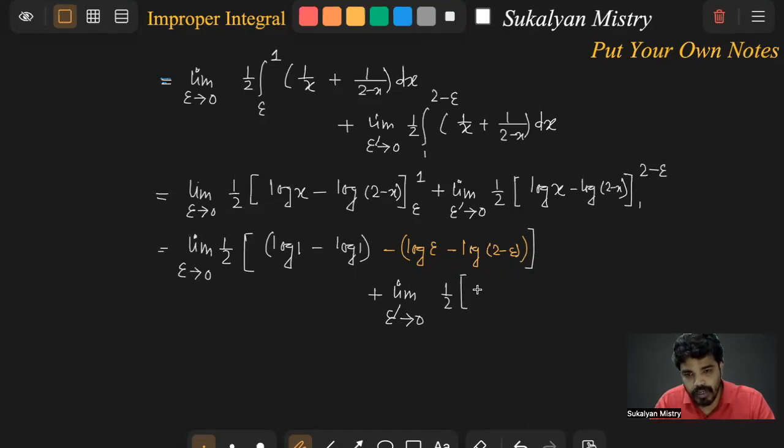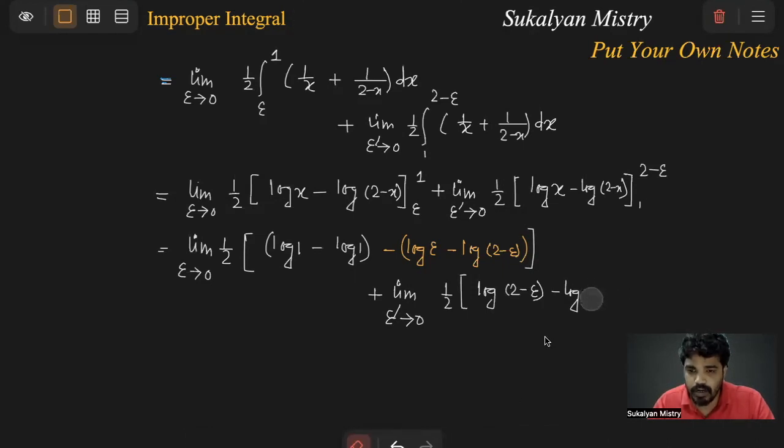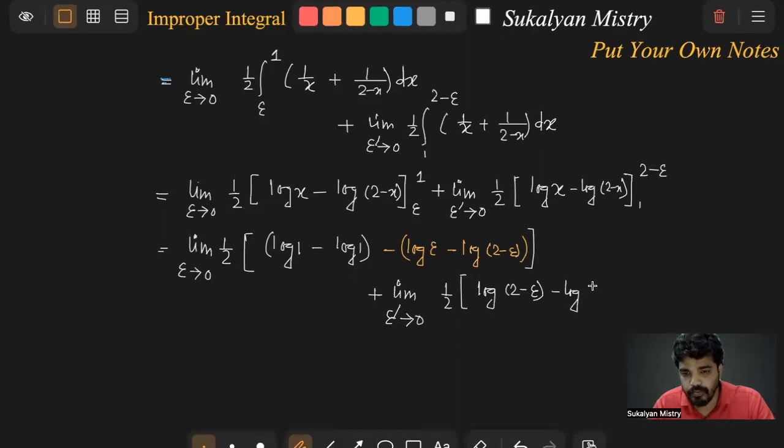Now put the upper limit, that is log 2 minus epsilon minus log... just put the upper limit. What is x? x is 2 minus epsilon. So ultimately 2 minus 2 cancel out, and it will be log epsilon. Minus lower limit, so log 1 minus log 2 minus 1, that is log 1. Log 1 is 0, right?